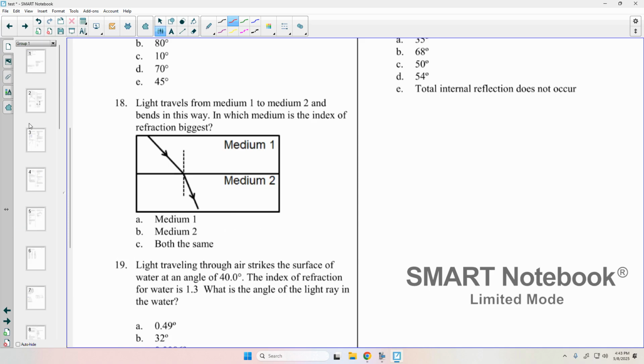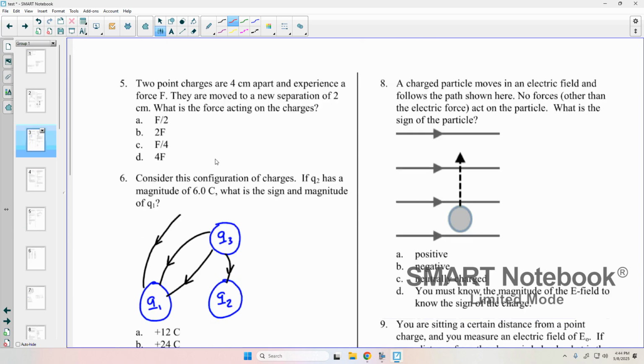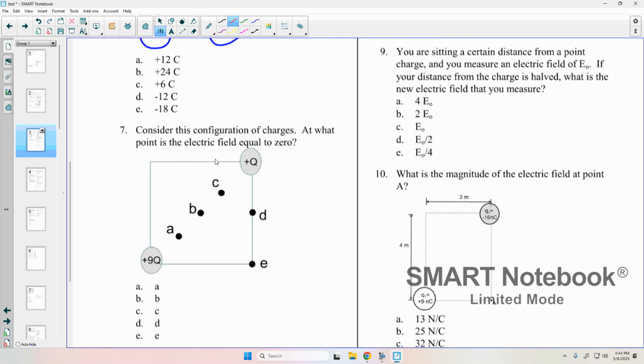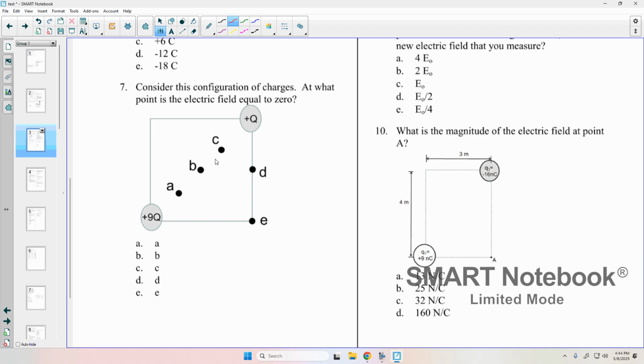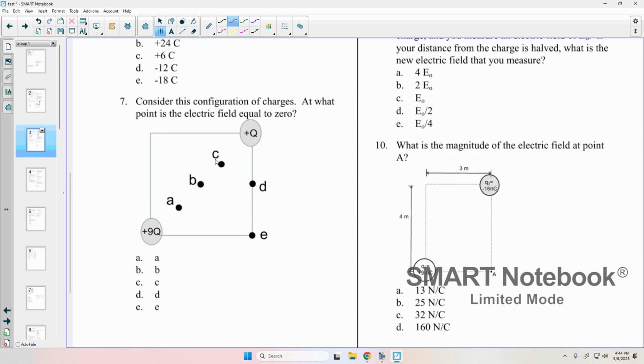Yeah, let's go back to that. That's been the most distant exam. So like this one, for example, number 7, where is the electric field equal to 0? That's what you're thinking, right? First of all, it's never going to be these, because they're all going to be off in different angles, and so they have to be along a line in order to have an electric field of 0.